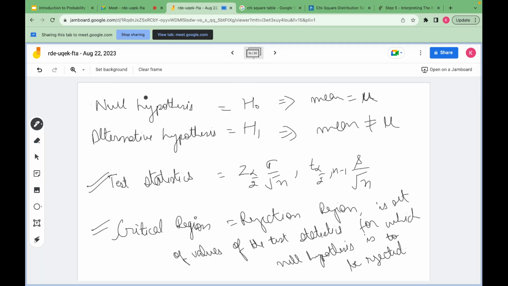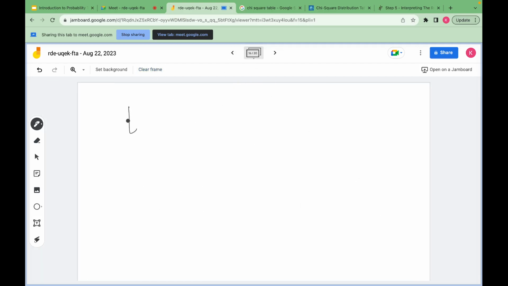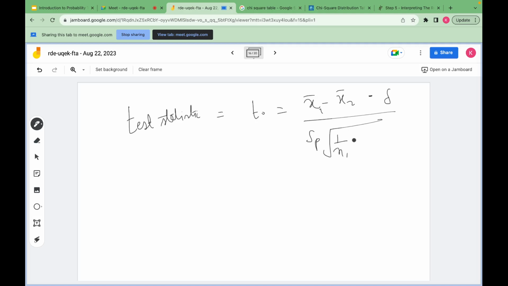Then our test statistic t naught will become x1 bar minus x2 bar minus delta, divided by sp times the square root of 1 upon n1 plus 1 upon n2.